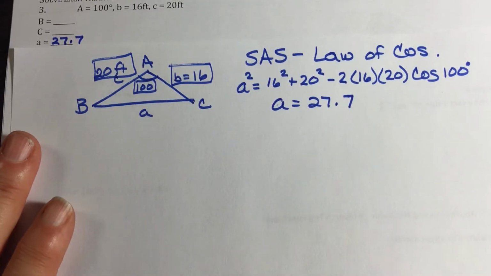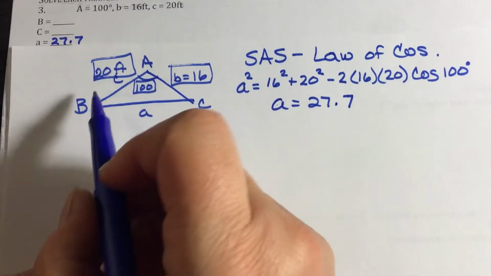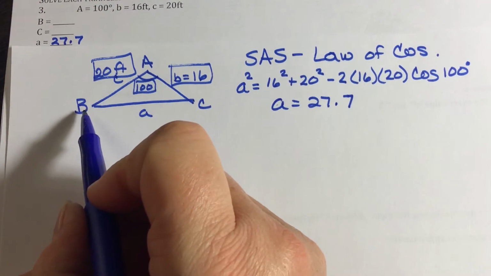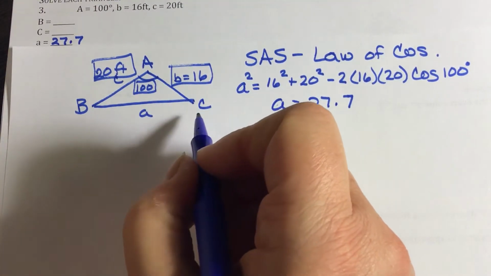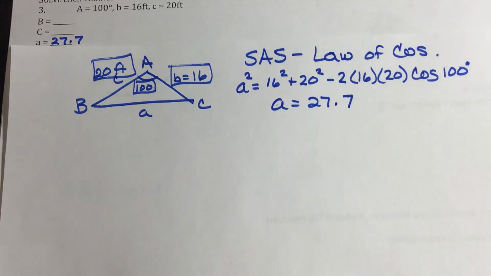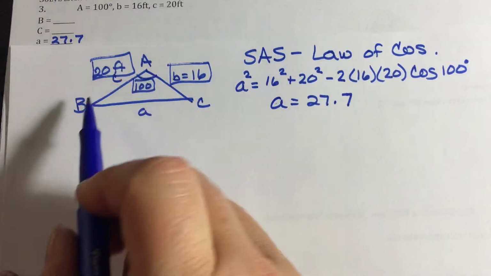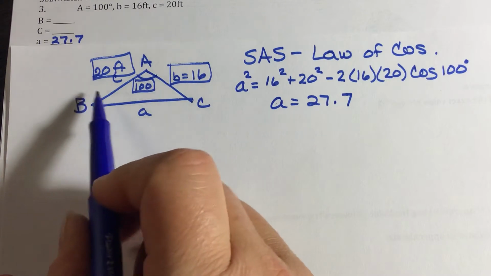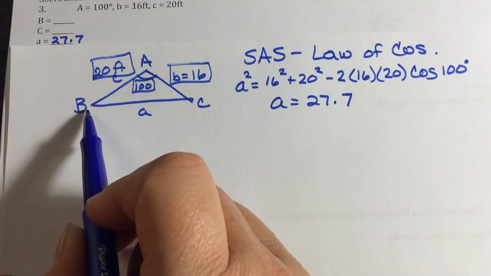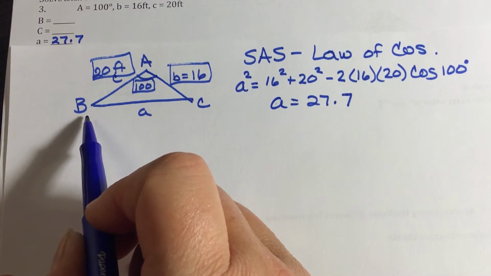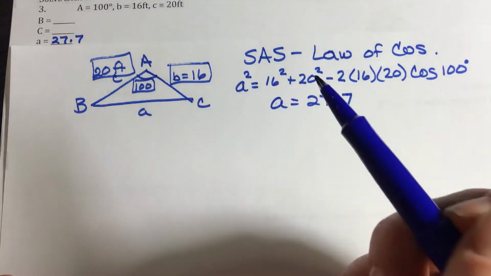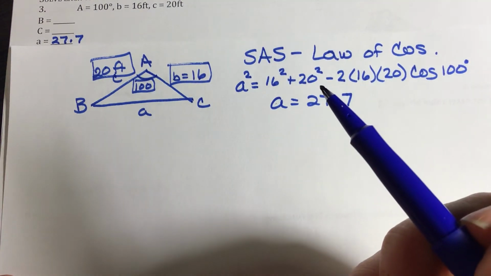All right. So now we need to find B and angle C. I can do this a couple ways. I can use the law of cosines to find angle B, or I can just use the law of sines, which I think is so much easier. So what do I have here?